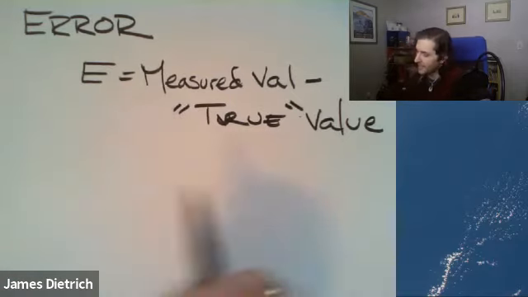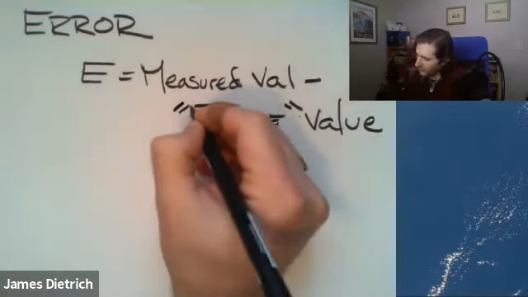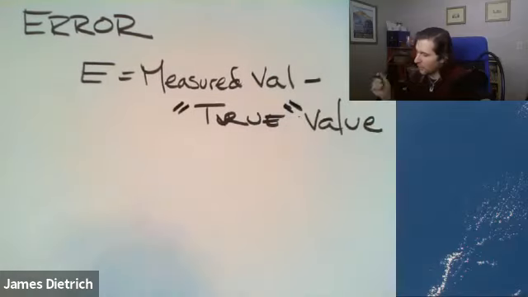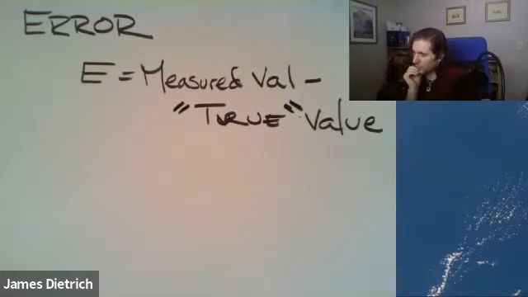This is why we have this in quotes: there's no way to really know what the true value of any measurement is. That's a whole philosophical discussion in the philosophy of science.